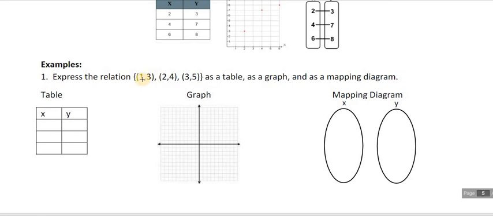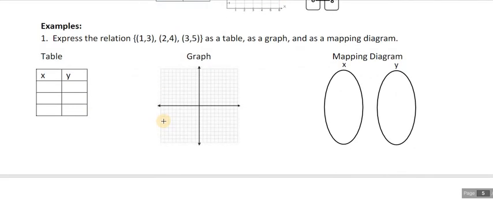So if I look at these ordered pairs 1, 3, 2, 4, and 3, 5, the X coordinates 1, 2, and 3, they're already in order. So I'm just going to list these ordered pairs in the exact order that they are already written. So 1, 3, 2, 4, and 3, 5.